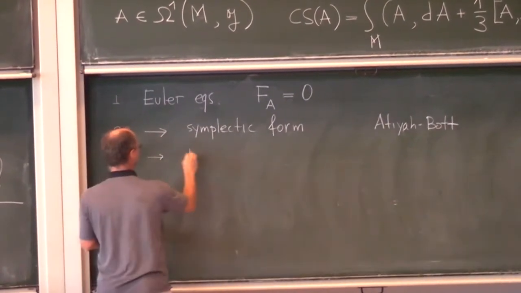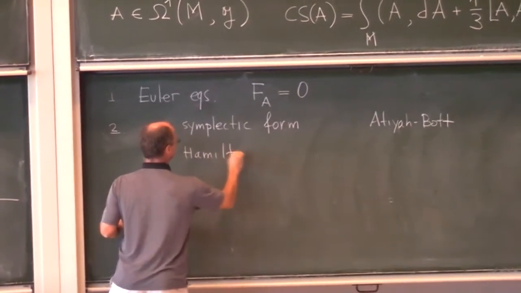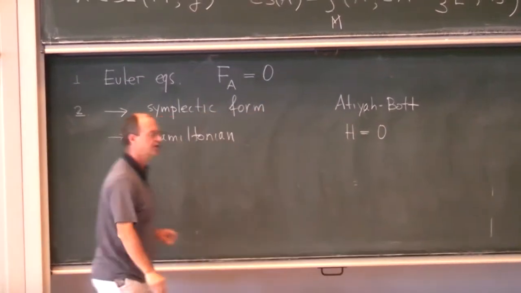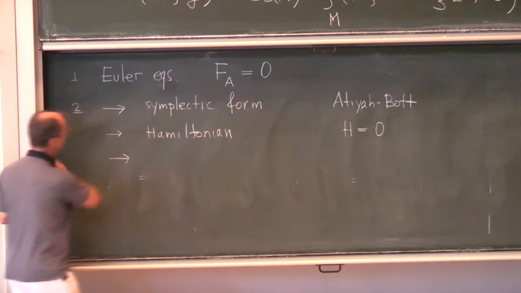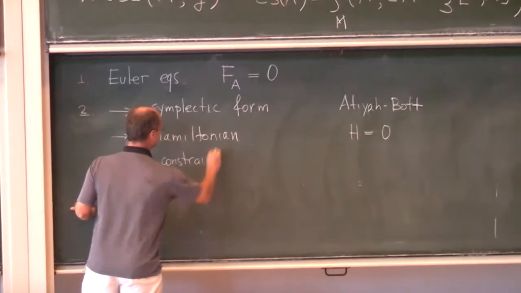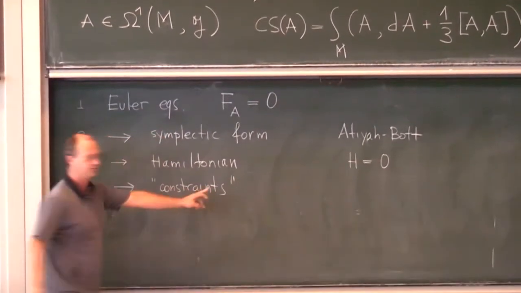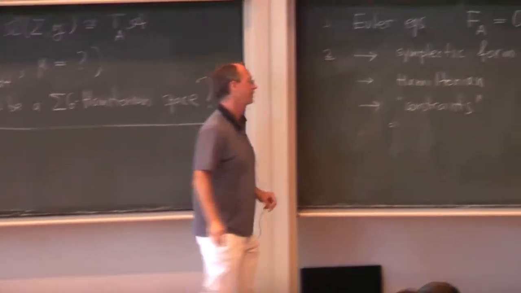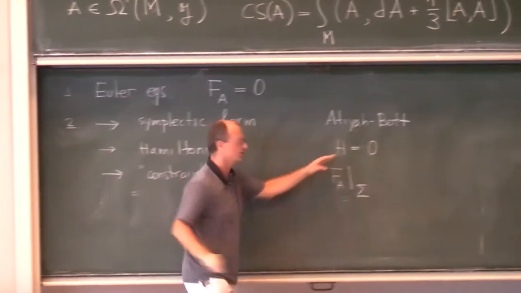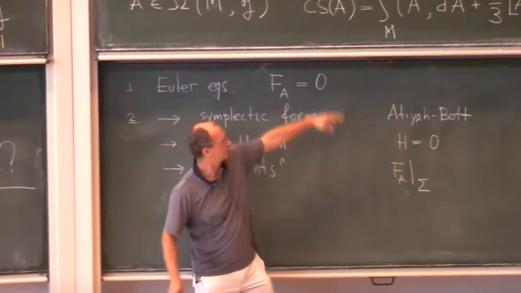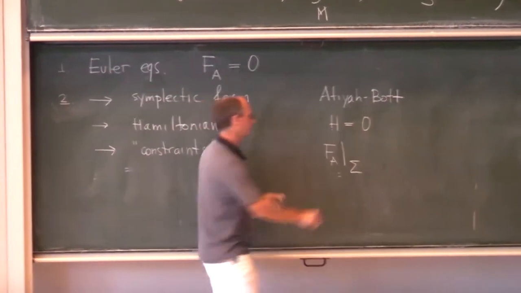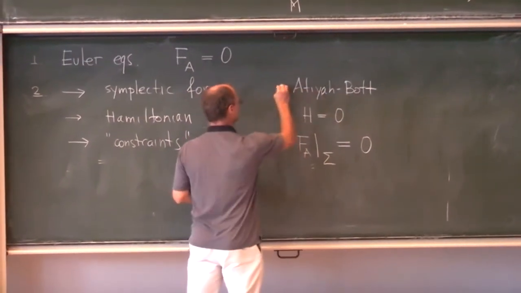In physics there would also be a Hamiltonian, so here we're supposed to find the Hamiltonian equals 0, and in general we would also find a set of so-called constraints. Those constraints here should be the equations that, when restricted to those equal time or t equal constant slices, the curvature should be equal to 0.